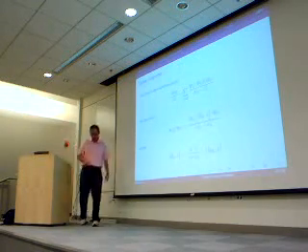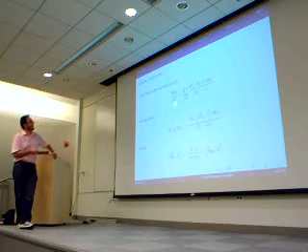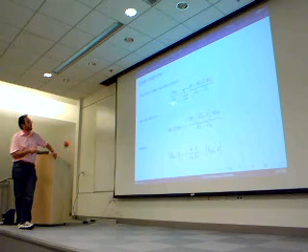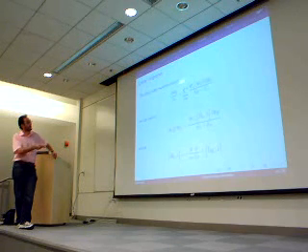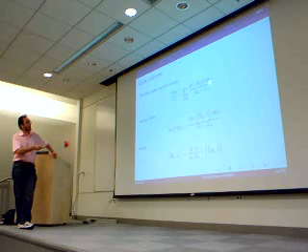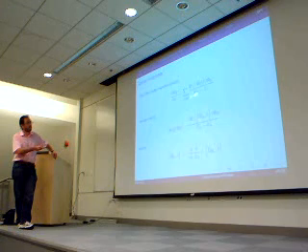At first order, let's suppose this is just a many-body wave function. We can rewrite the first order as a sum over all the states which are different from the ground state.